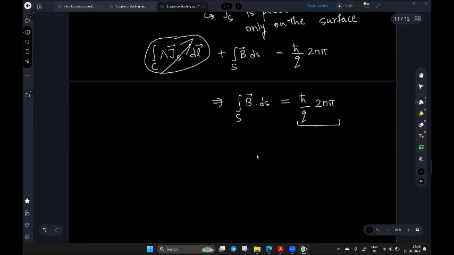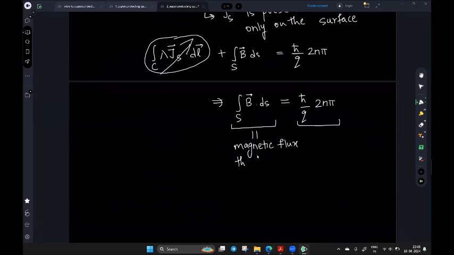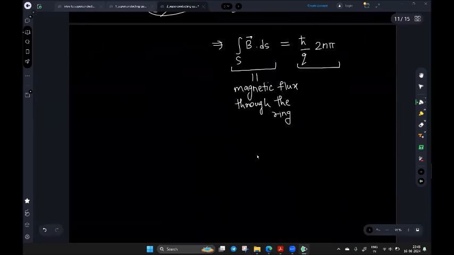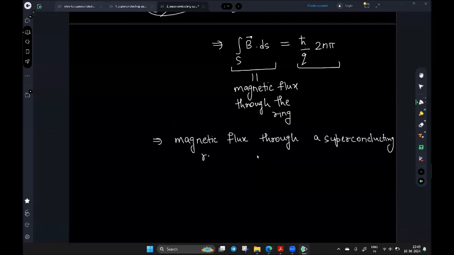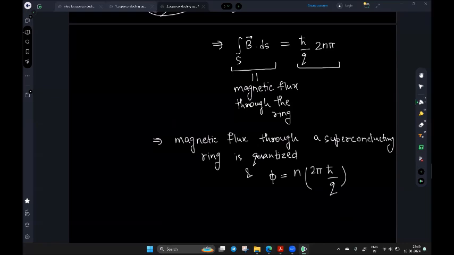You may quickly recognize what the left hand side is. This is nothing but the magnetic flux through the superconducting ring. And what we have just proved is that the magnetic flux is quantized. The flux actually equals 2n pi times h bar over q.